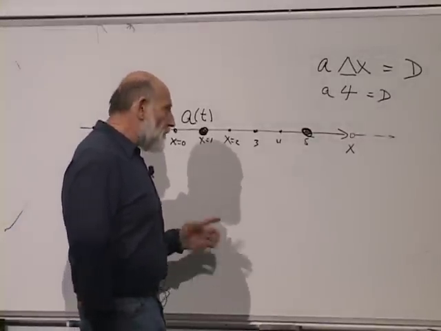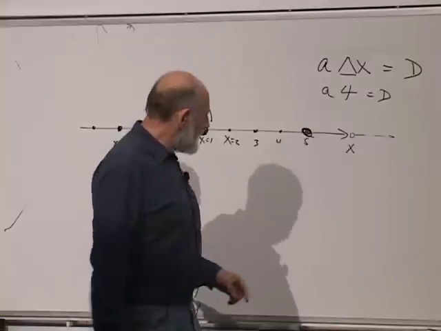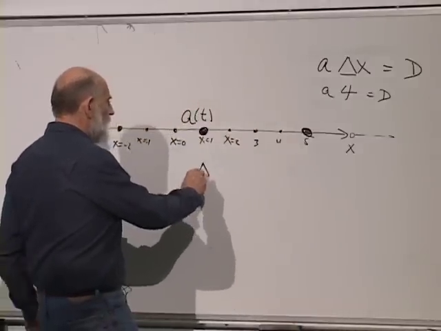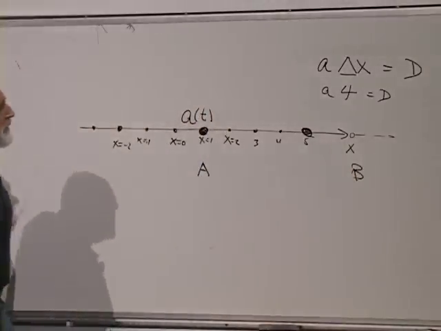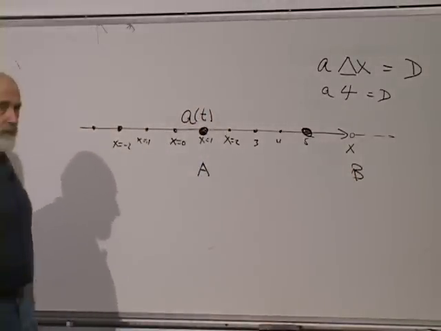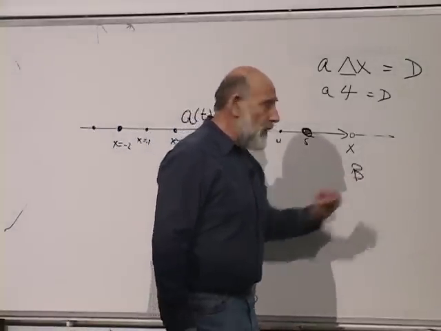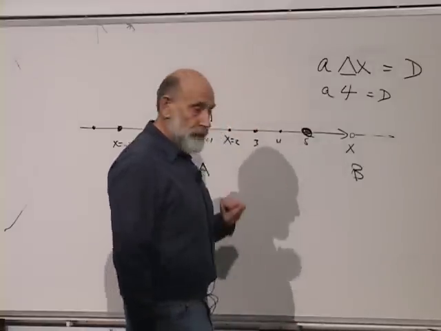Okay. One other thing. Again, Alice and Bob, this is Alice's galaxy, this is Bob's galaxy. Alice and Bob are sending each other messages with light waves or whatever. The faster Bob moves off to the right, the more Doppler shift.